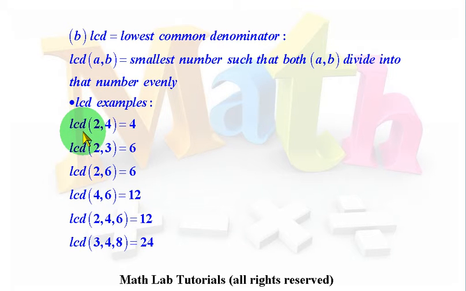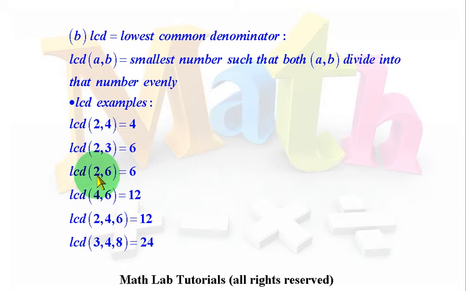Okay, so let's look at some LCD examples. The LCD of 2 and 4 is 4. Why is that? Because 2 goes into 4 evenly, 4 goes into 4 evenly, and 4 is the lowest such number. The LCD of 2 and 3 is 6. Why? Because 2 goes into 6 evenly and 3 goes into 6 evenly, and 6 is the lowest such number.